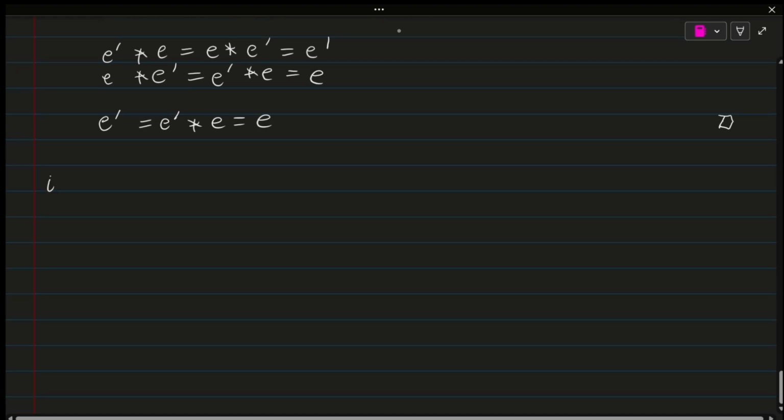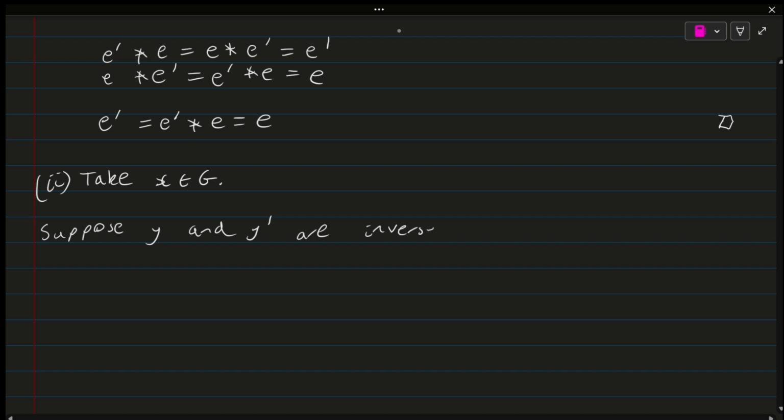Okay, for our second statement, we take some element x in the group and suppose that both y and y prime are inverse to x.